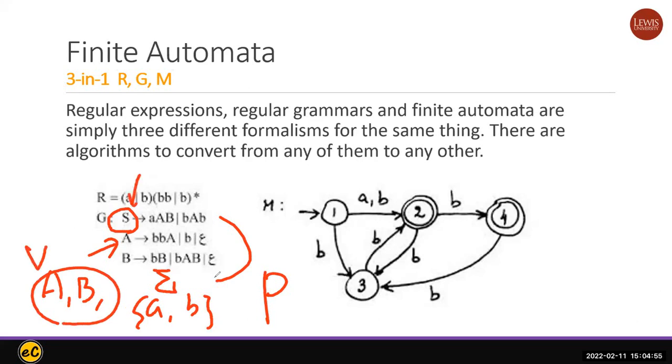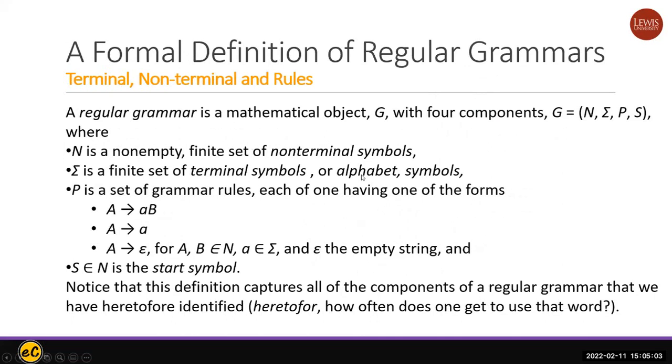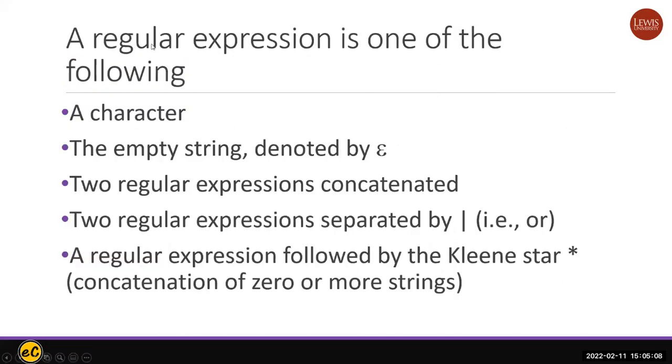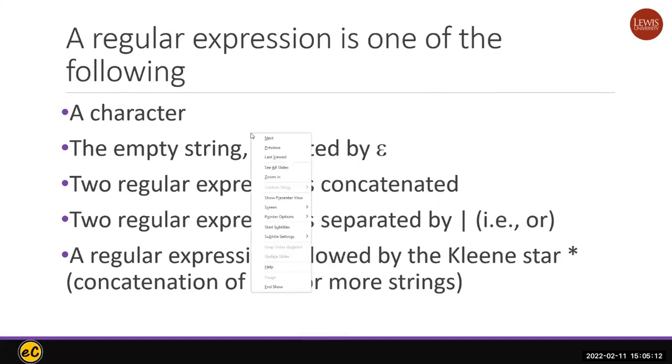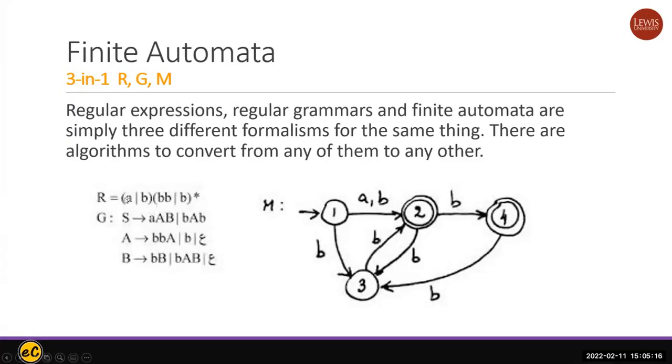This one is your starting symbol and production rule. These 4 things in combination we call the regular grammar. So regular grammar is described like that. And now we are looking into the regular expression.